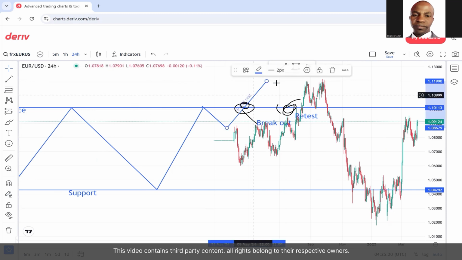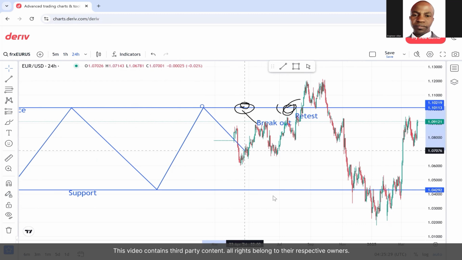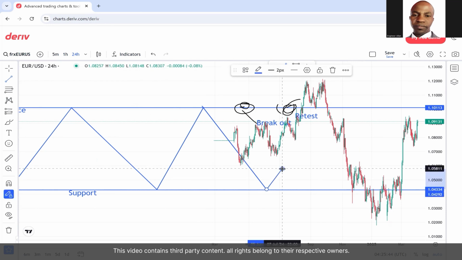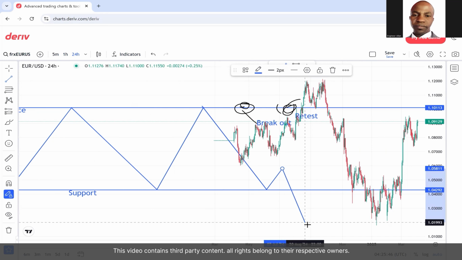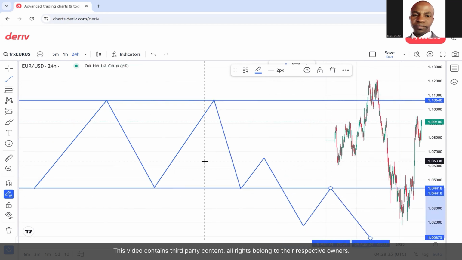When the market comes here, the market goes down like this. Price reacts to that particular area. It's more or less the same, but in the opposite direction. You can see the price comes down like this, and the price continues down.